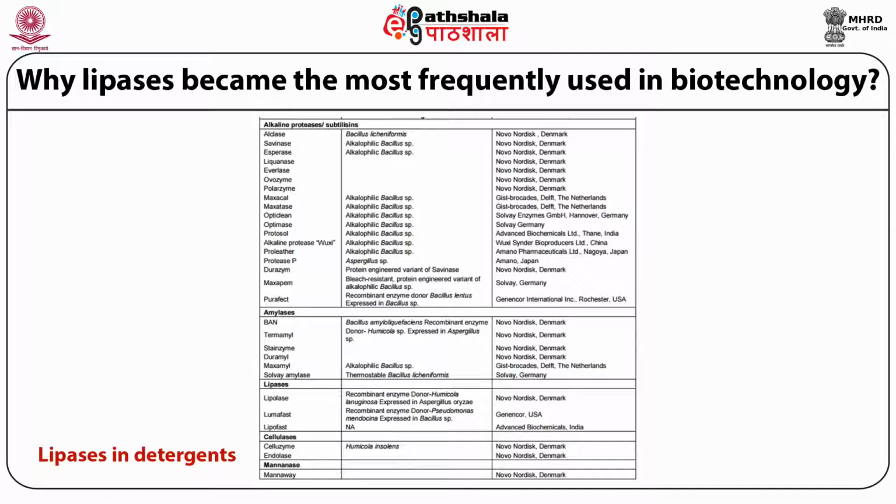It is estimated that the enzymes in detergents constitute more than 50% of the market for industrial enzymes. Hence, for lipases too, use in detergents is one of the major applications of lipases.